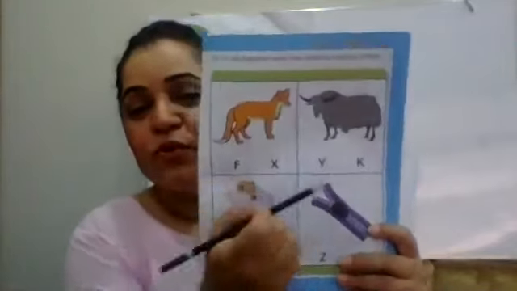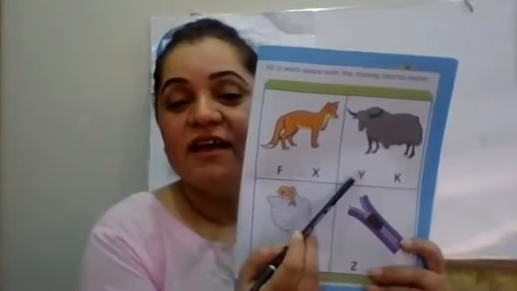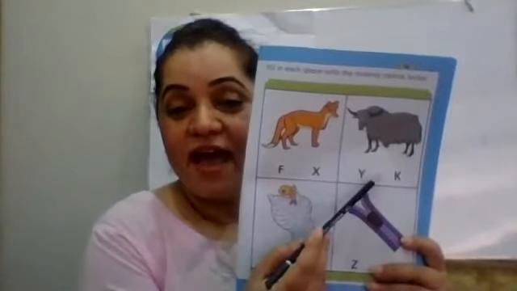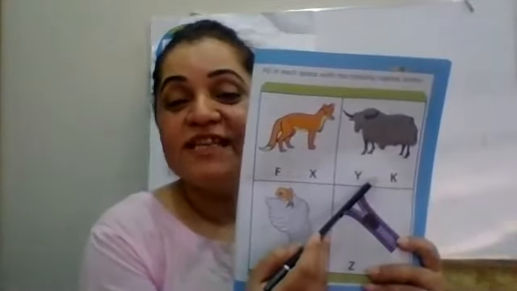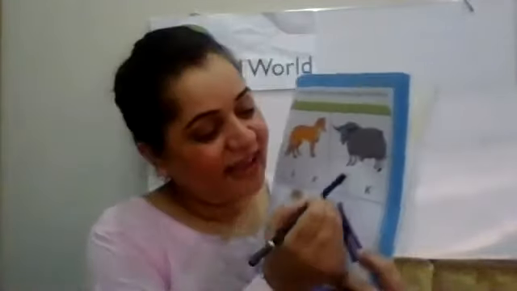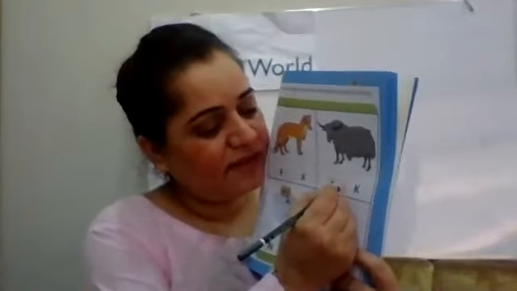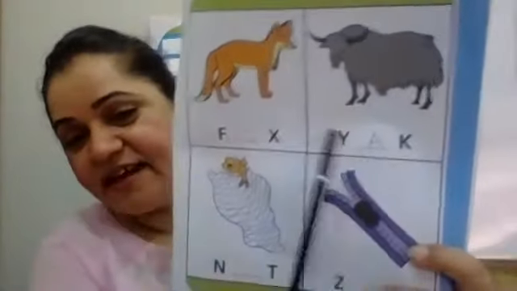Okay. Now, yak. Yes, yak. So what is missing over here? Y. Yak, right?